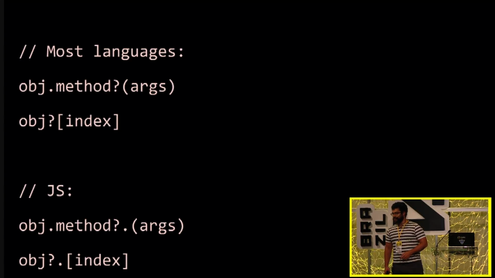So above, you might expect this to be question mark paren: object.method question mark paren arguments. But in JavaScript, that doesn't quite work. The current proposal is to use question mark dot in these cases. So the operator is always question mark dot, and then it might have the property name, or it might have in parentheses a function call, or it might have in square brackets a named property lookup or an array index.